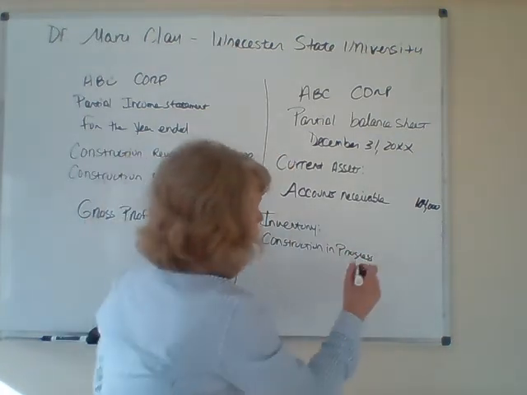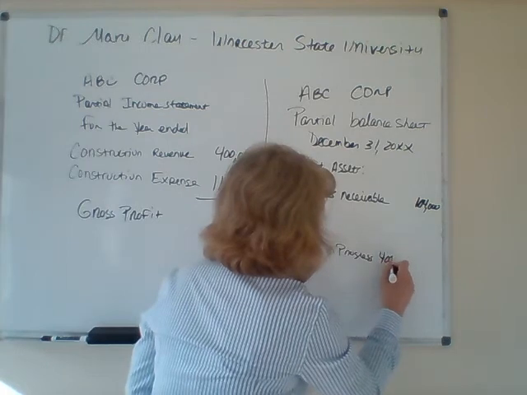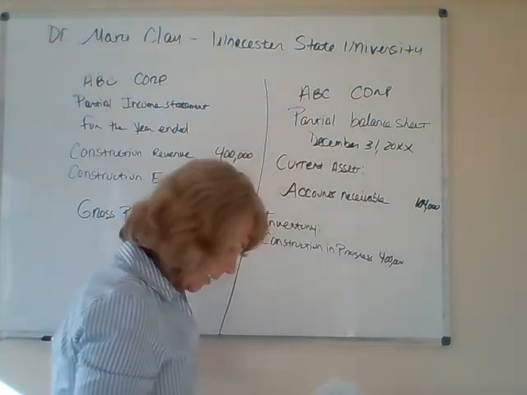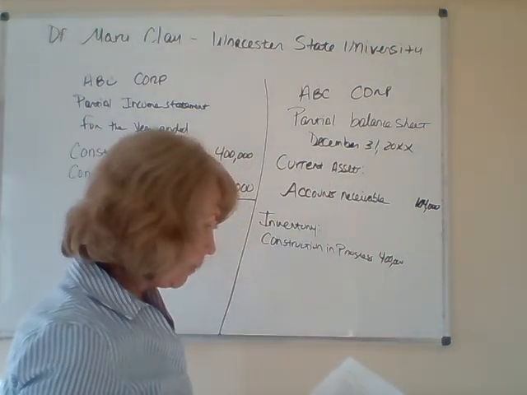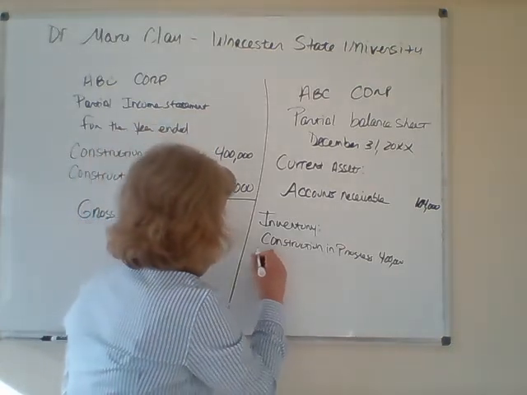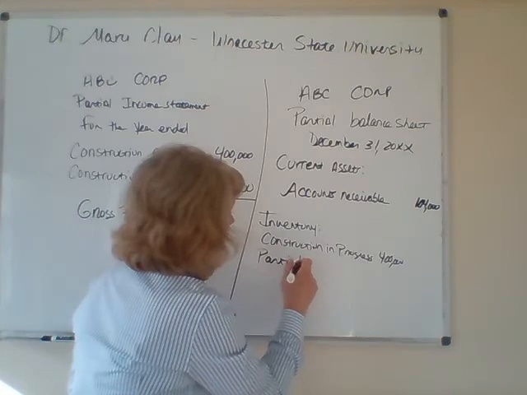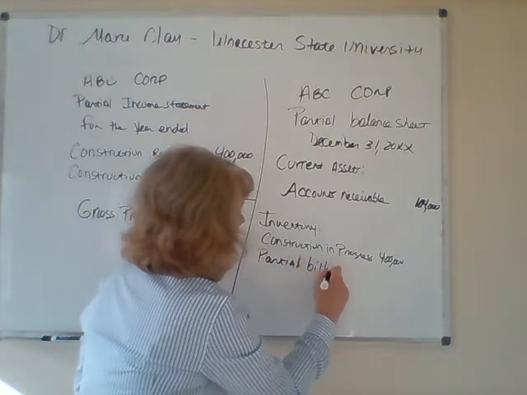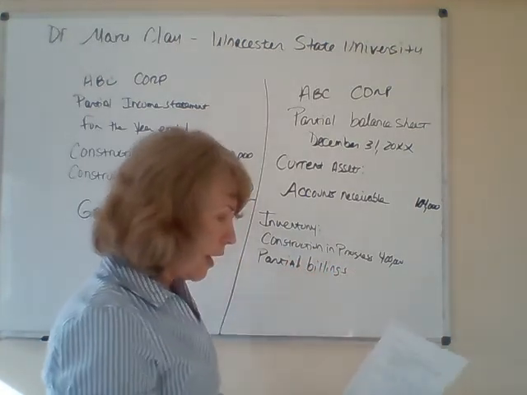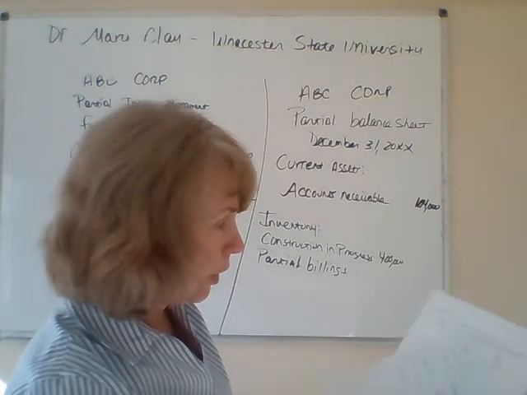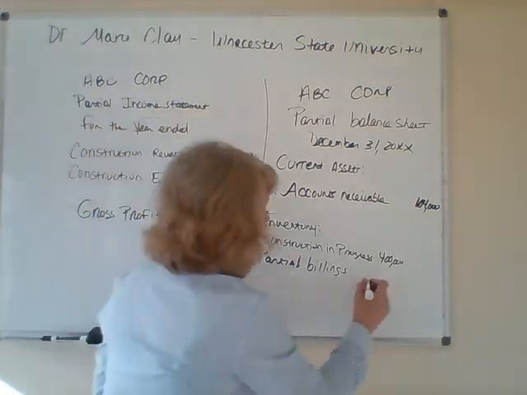Okay, we've got 400,000. Next, we're going to take our partial billings, so what we've billed so far. Get that right from this chart. Partial billings is 118,000.